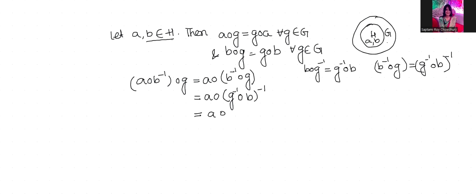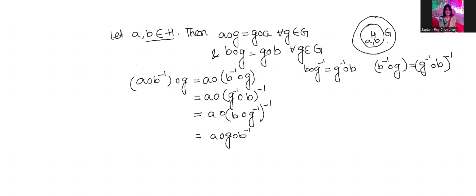Now, we will change the... So that will become A circle g circle B inverse.